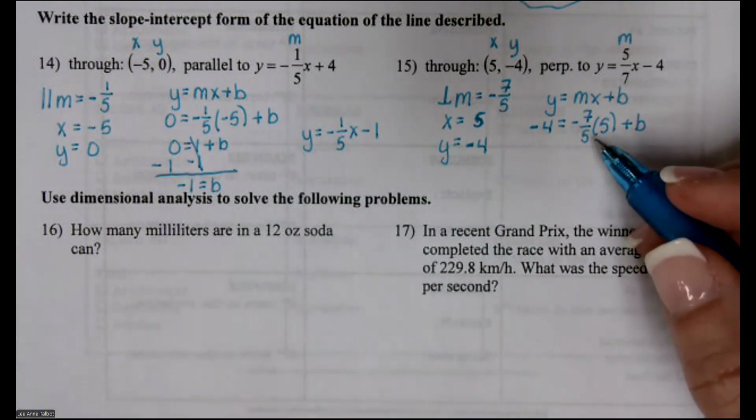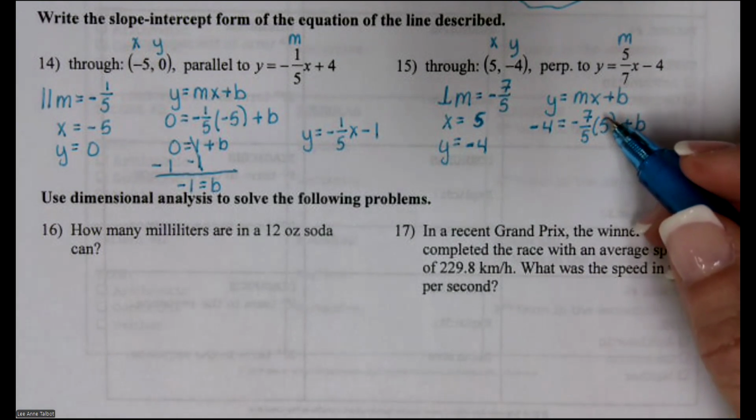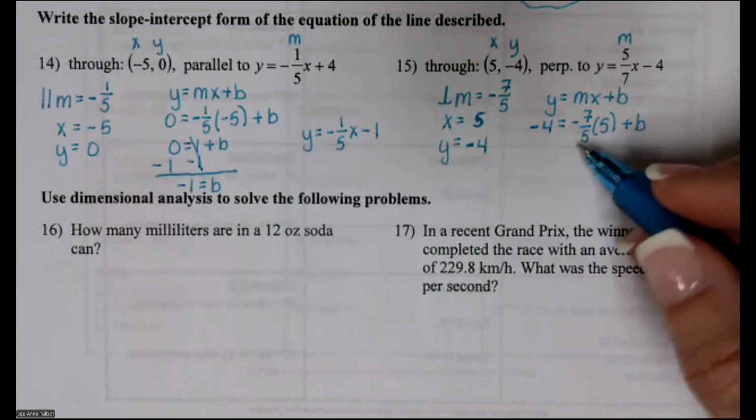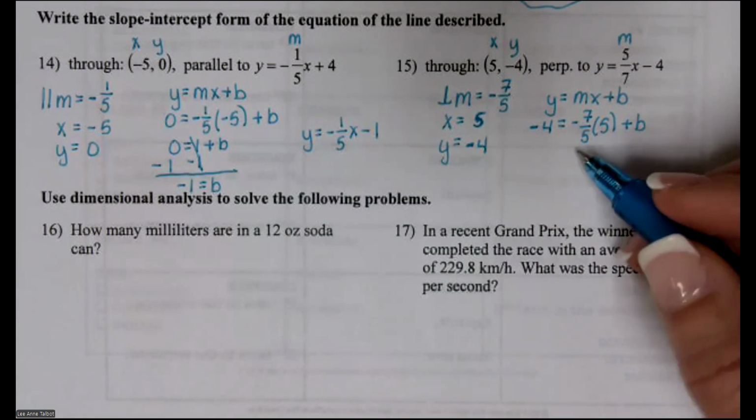Okay, what's negative 7/5 times 5? The 5s cancel, what's left? Negative 7.